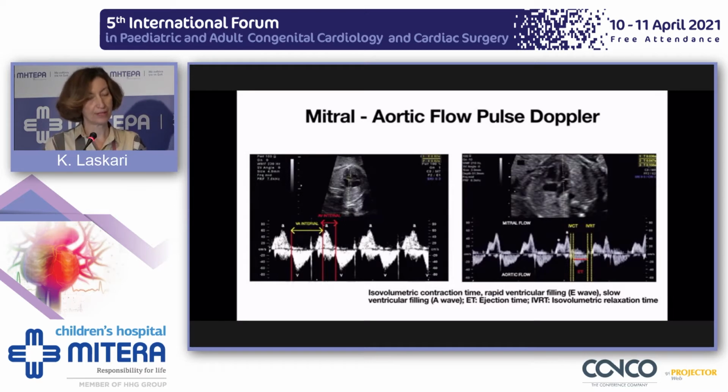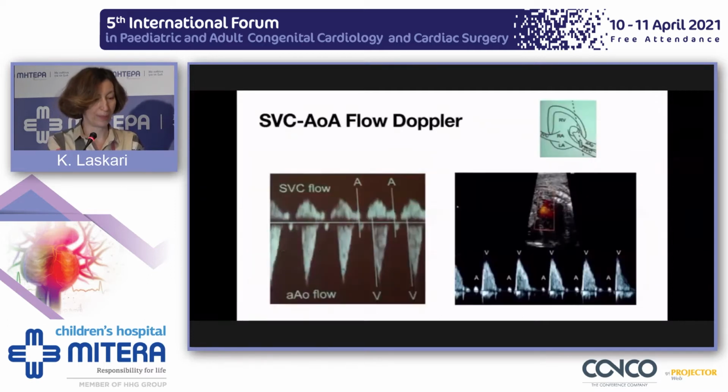One can measure different things like VA interval, AV interval, and others like isovolumic contraction time and rapid ventricular filling times. One can do a lot of measurements with the mitral to aortic flow pulse Doppler.